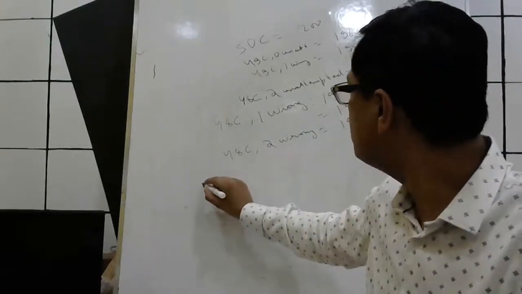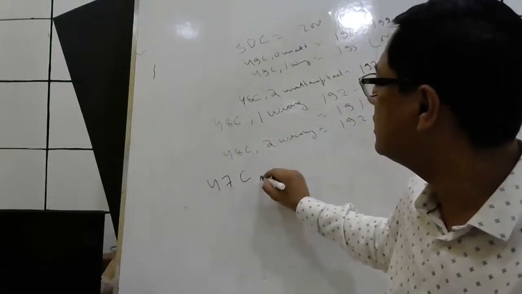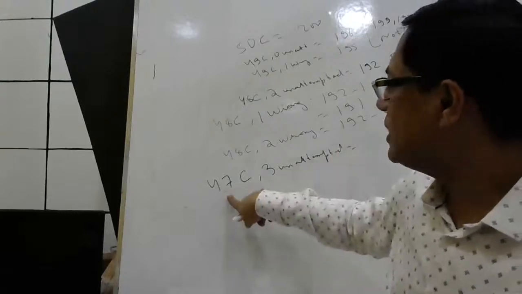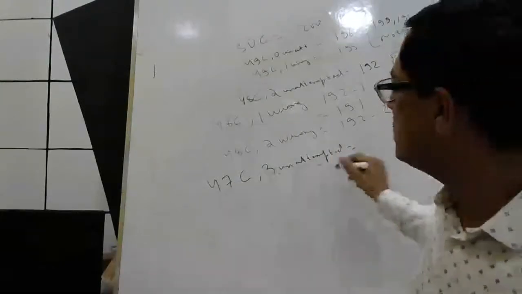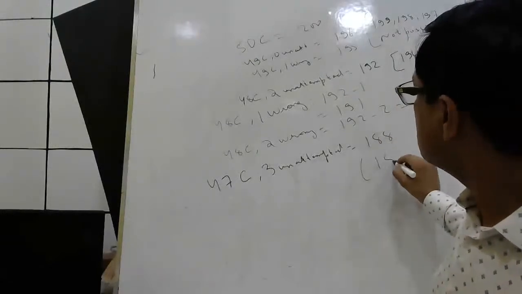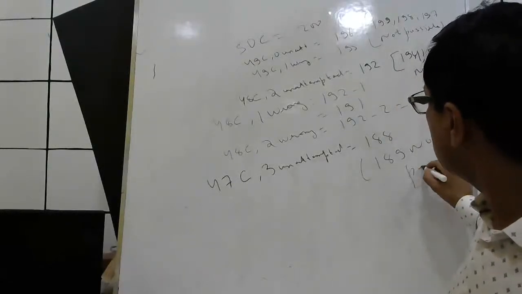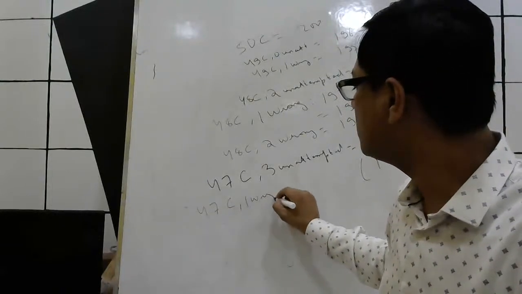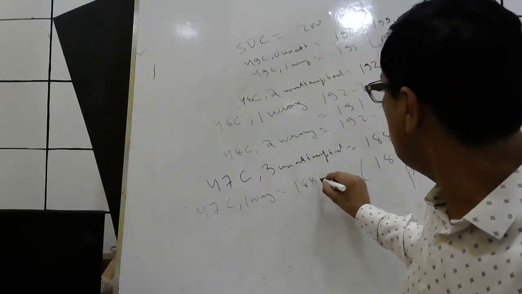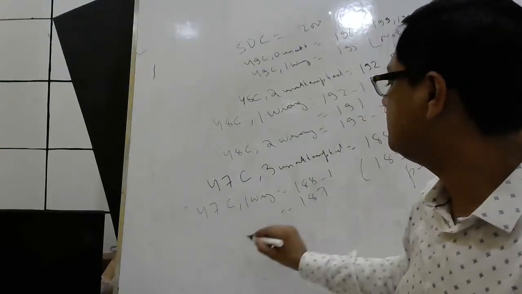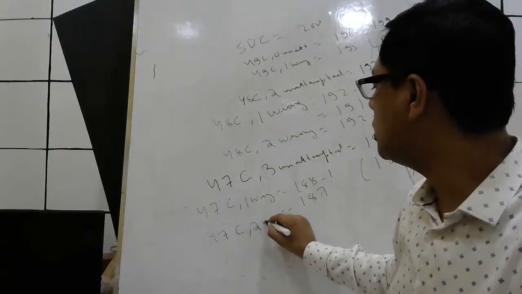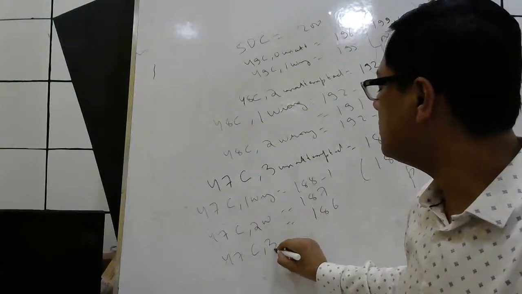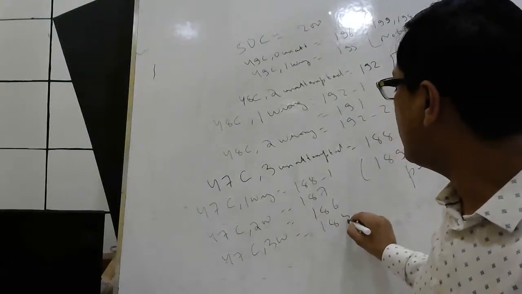Now let's come to 47 correct, 3 unattempted. So 47 twos are 94, and 94 into 2 is 188. That means 189 not possible. Okay? 47 correct, 1 wrong, 188 minus 1, 187. 47 correct, 2 wrong, 186. 47 correct, 3 wrong, 185.